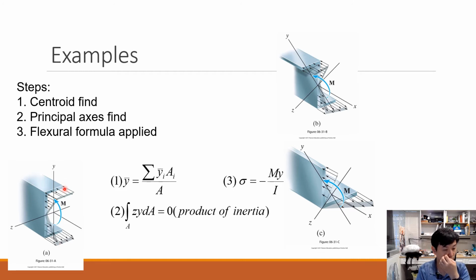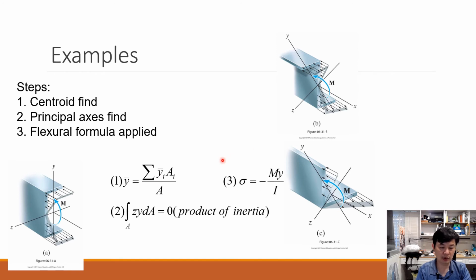So in this case, this one gives us one principal axis. You just need to find the centroid over here, then determine the principal axis based on the symmetric axis here, and you get the other one over there. And then you can go through the following vector formula. Okay, so this is the first equation. This is the second equation to find the principal axis.